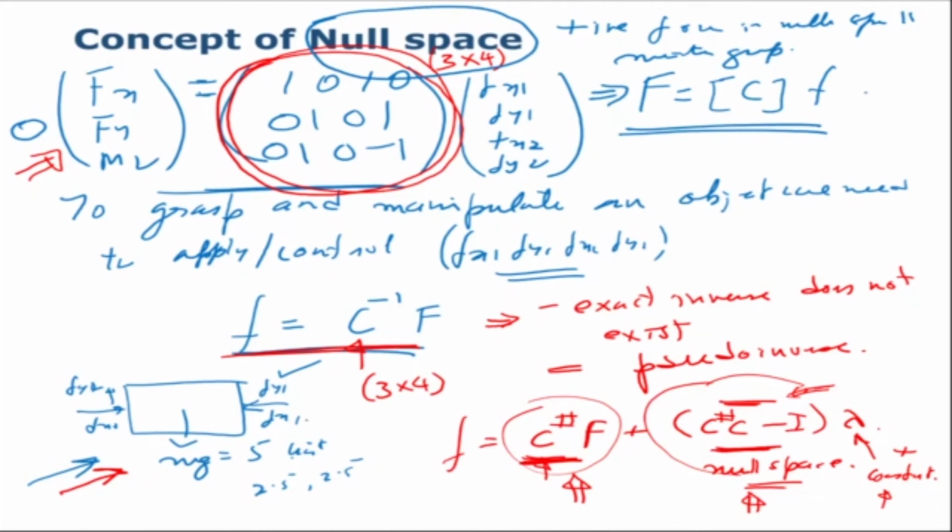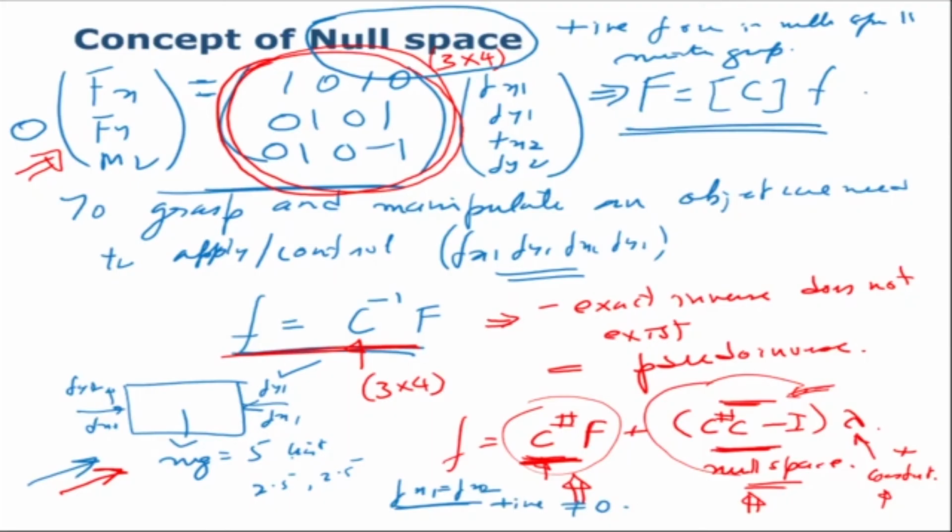That means Fx1 and Fx2 must always be there, and they will be equal and opposite. Otherwise the grasp cannot be maintained. So in order to hold this object, Fx1 and Fx2 must be positive. It has to be non-zero. The moment it becomes 0, the grasp will fail.